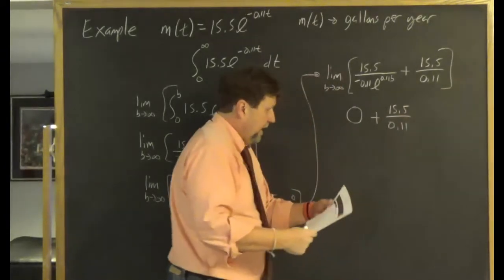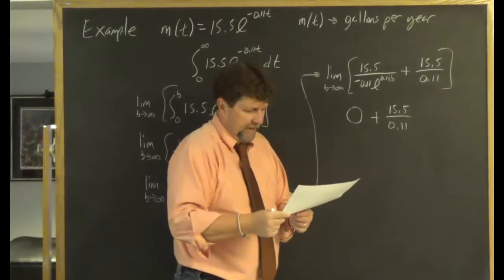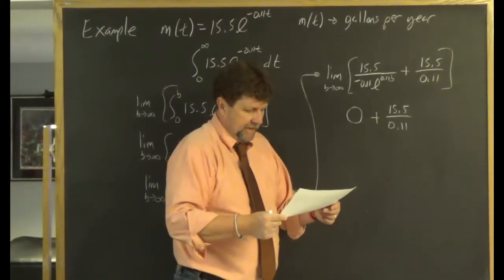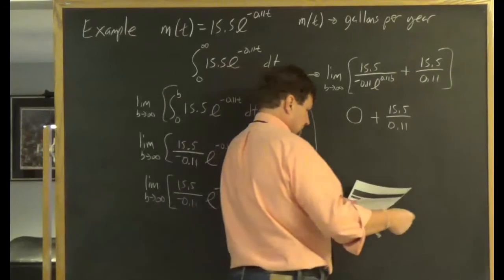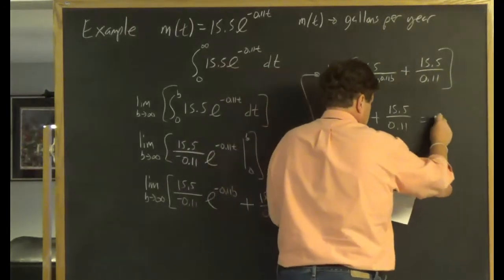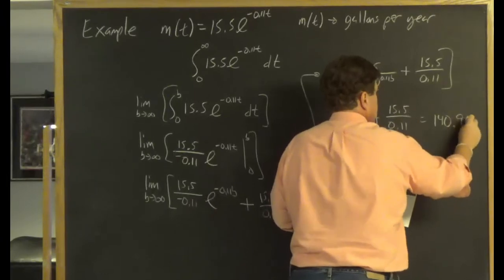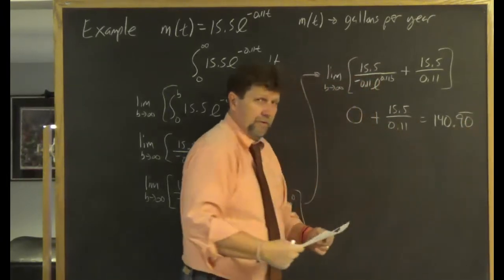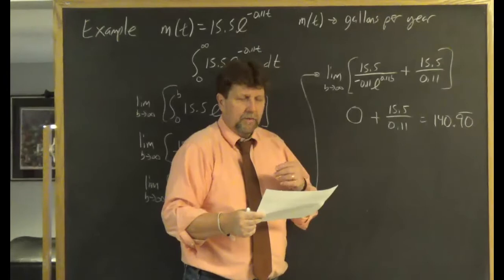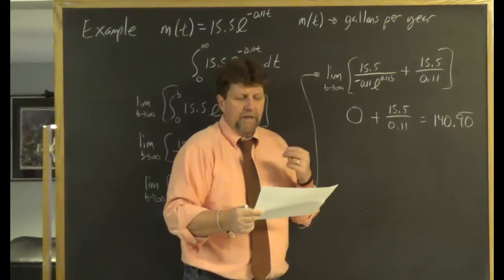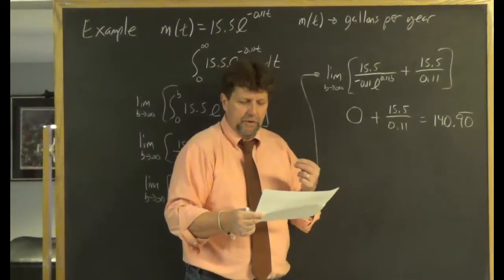And if you use your calculator now to do 15.5 divided by 0.11, you're going to get 140.90, and I think the 9 zeros repeat. So let's answer the question though. Estimate the total amount of maple produced by this tree.